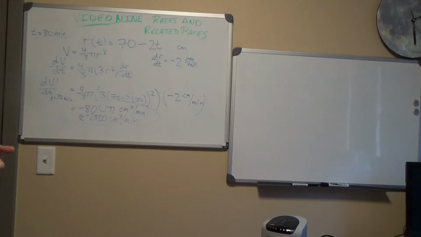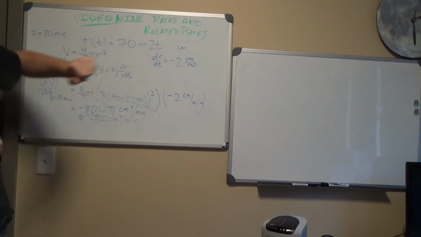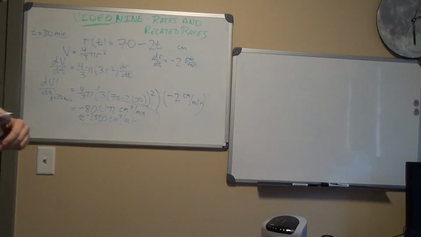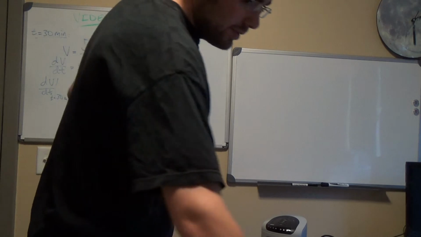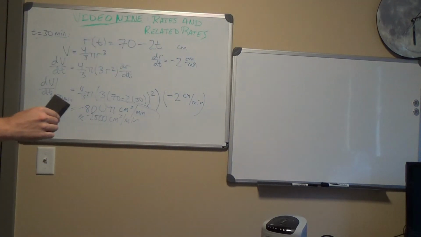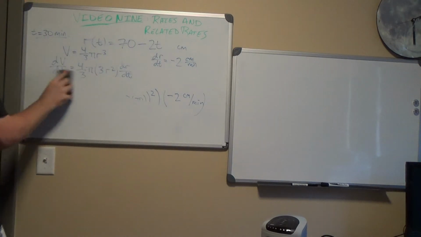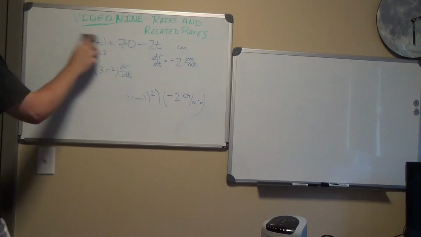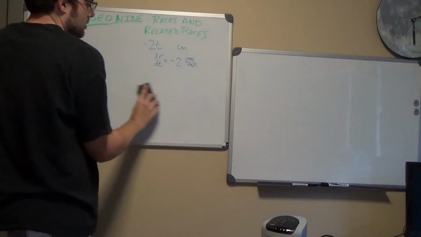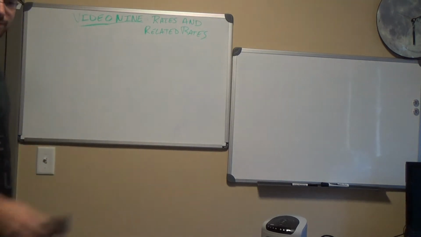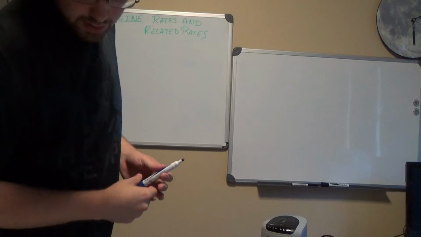Now there are some cases where we can't determine a time dependence relation, so what we need to do is use a related rate problem. An example of a related rate problem is the following.